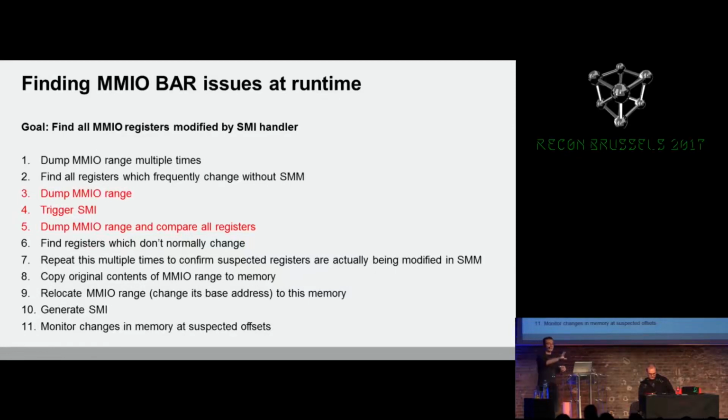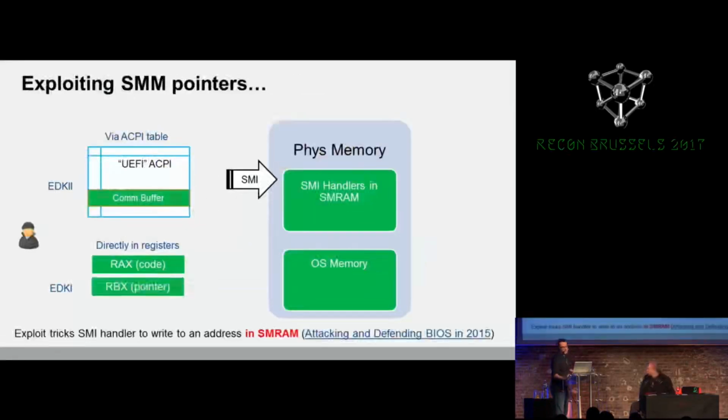And even with that mechanism, there are lots of false positives, because even when we create the normal difference, we don't catch all of the registers. So it happens that when you trigger an SMI, some register changes, but it's not really because of the SMI handler, but because the device decided that at this moment it wants to write to that new register.